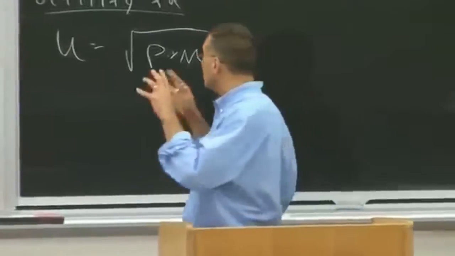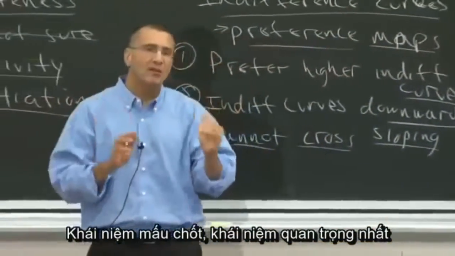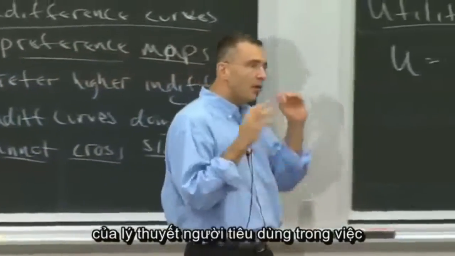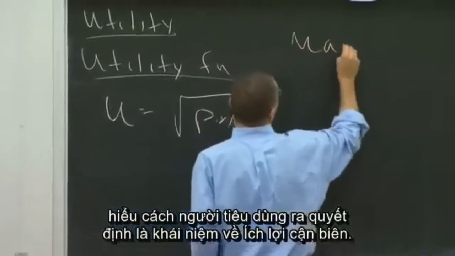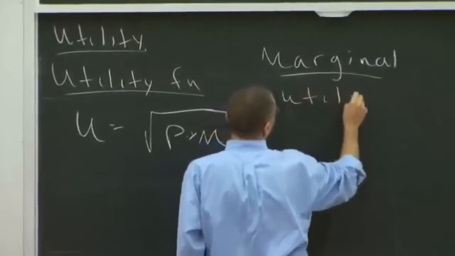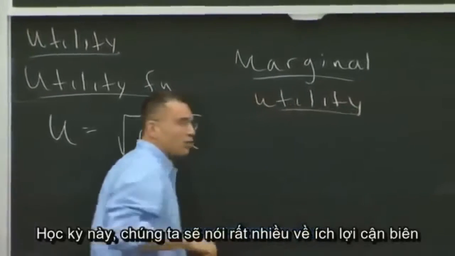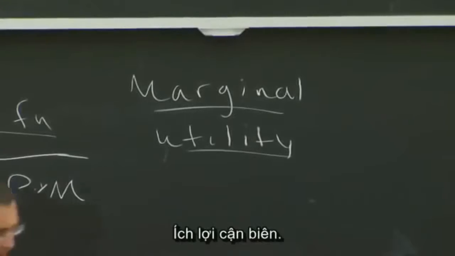Now, the key concept, the single most important concept for consumer theory, for understanding how consumers make decisions, is the concept of marginal utility. We'll talk a lot this semester about marginal this and marginal that. Okay, and this is our first example. Marginal utility.